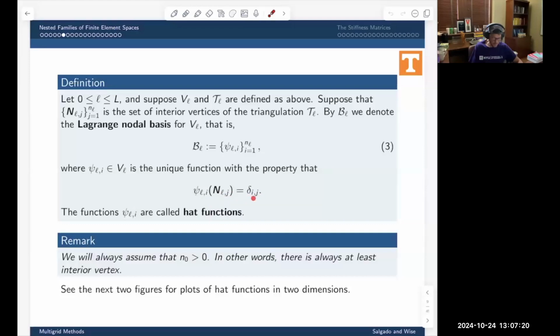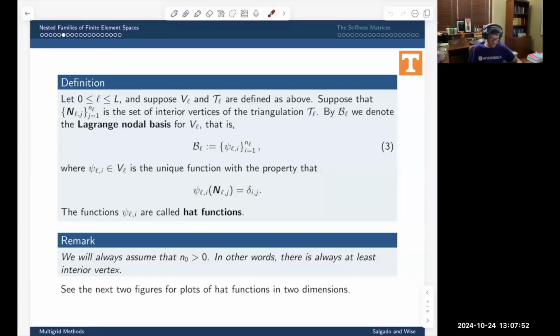It's going to be 1 whenever i and j are equal to each other, and it's going to be 0 otherwise. So these functions are called hat functions. We've already seen what these things look like in one dimension. And the analogy to two dimensions is quite similar. And in two dimensions, I really do think these things look like hat functions. And so that's why they're called hat functions and sometimes the hat function basis.